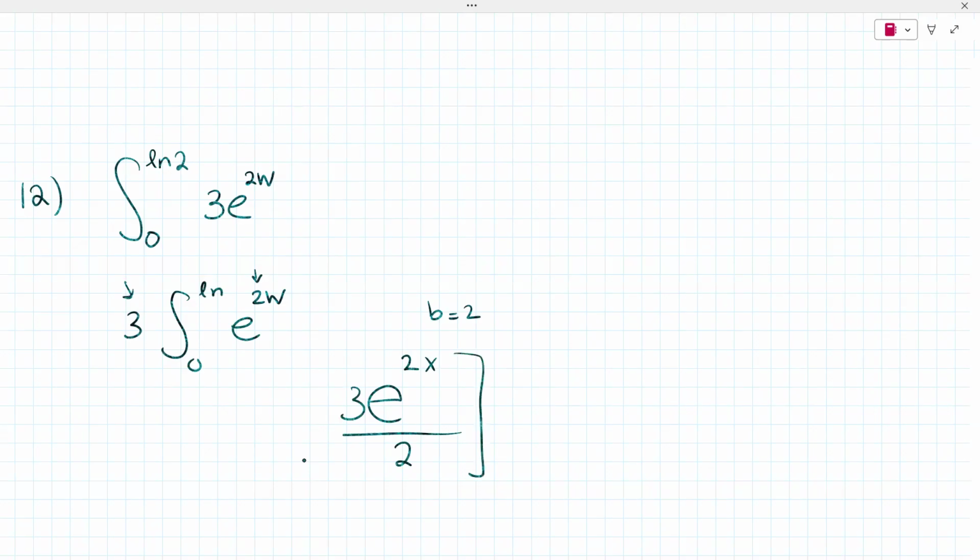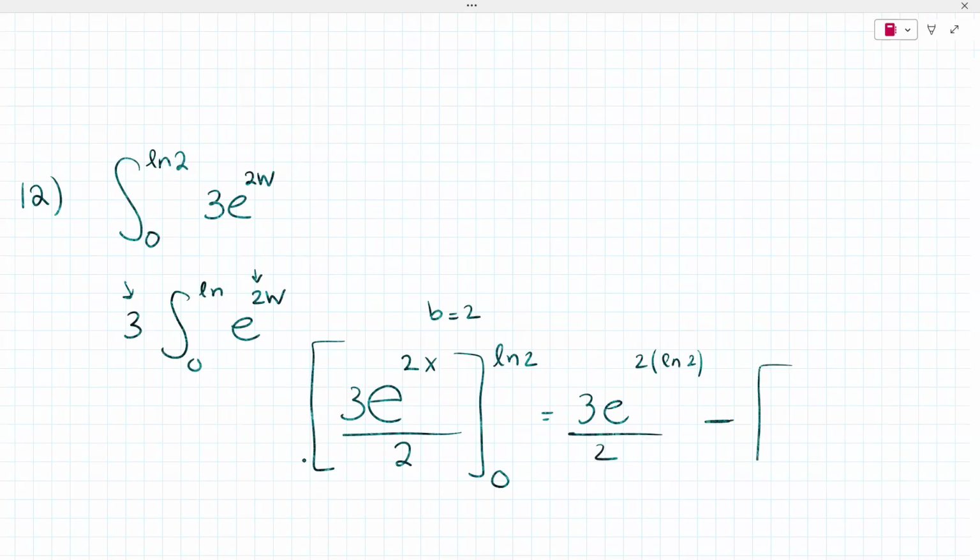And now we do our fundamental theorem. So it's going to be lower and upper, right? So do upper minus lower. So it's going to be 3e to the 2x, and then x is ln of 2 over 2, minus bracket, this would be 3e, and then 2 times 0 is 0 over 2.